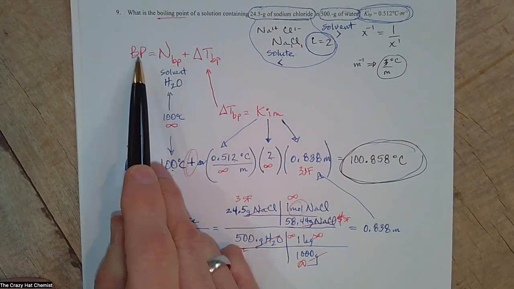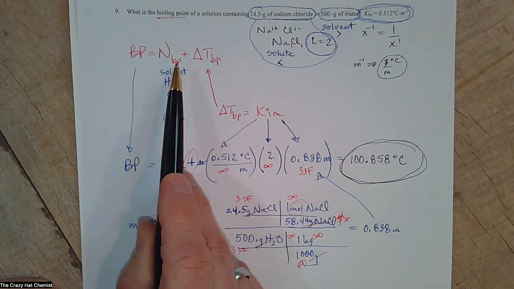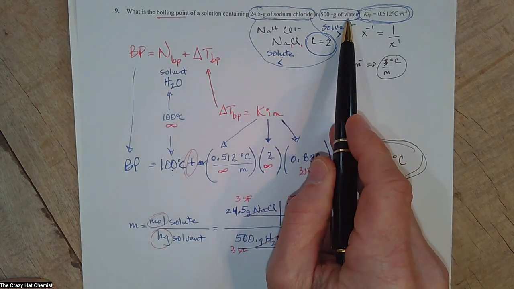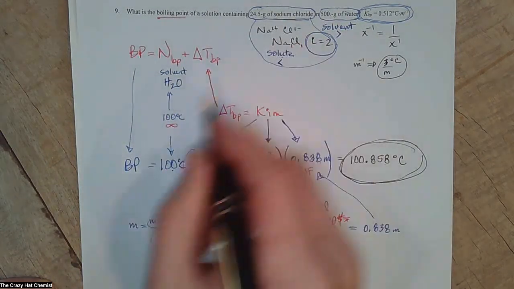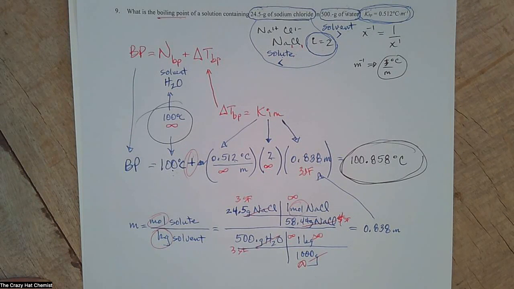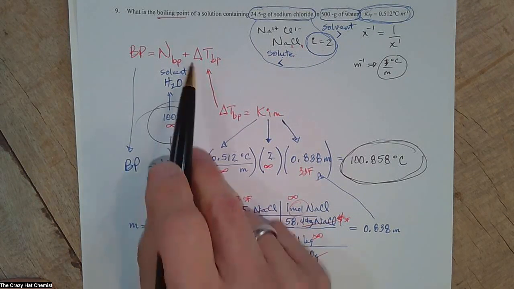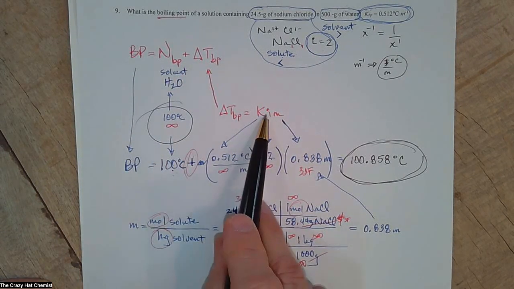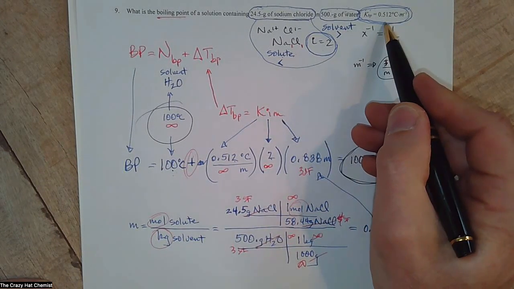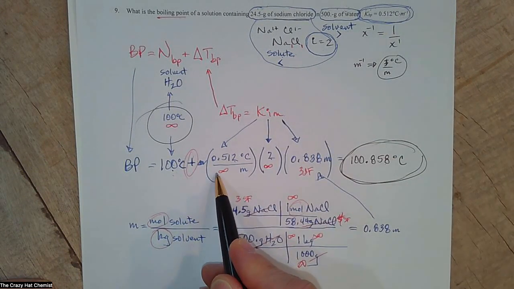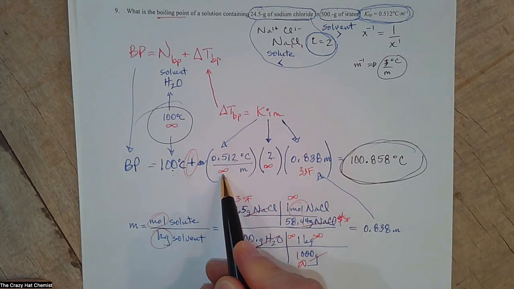The boiling point is equal to the normal boiling point for the solvent. So I got to go back to what is the solvent? What's the normal boiling point for water? That's 100. And since it's not given in the problem, that's defined as an exact number. And then it's the change in temperature of the boiling point, and that's equal to K i m. So I'm going to divide this up into really small little steps. I'm given the constant for the solvent. I'm going to write that down. That's the K for the constant.